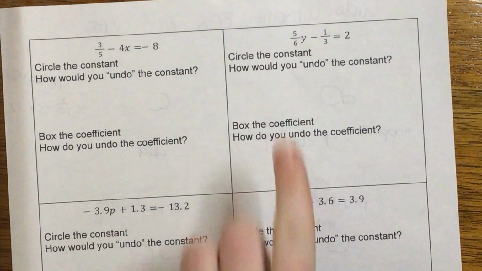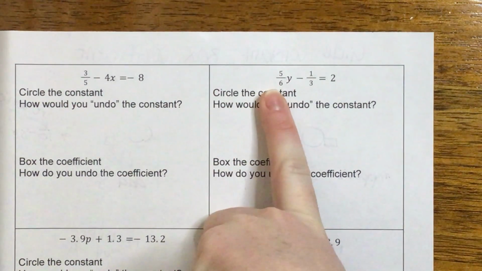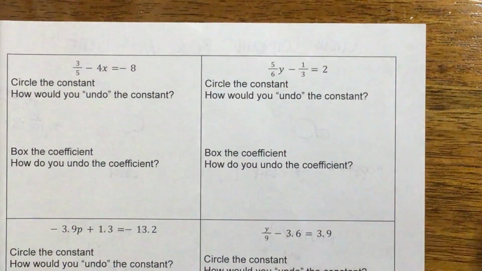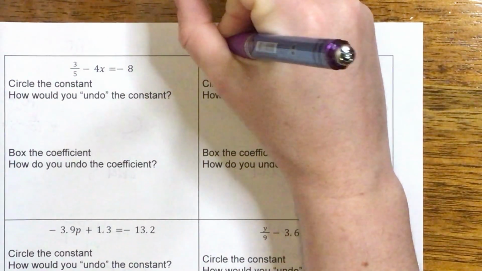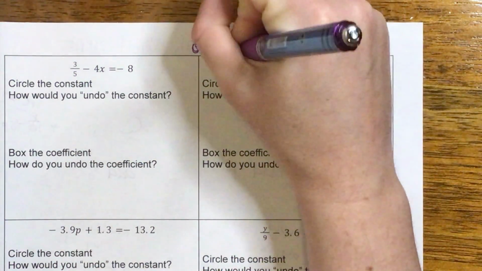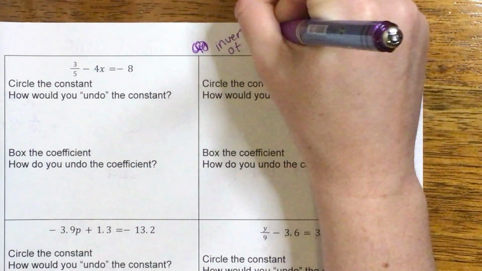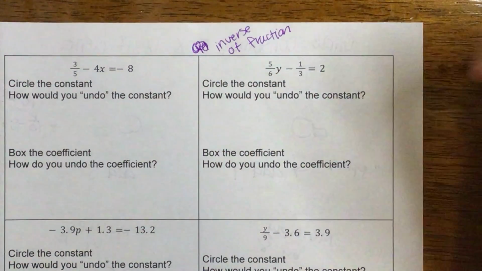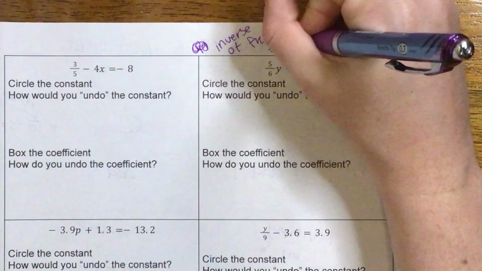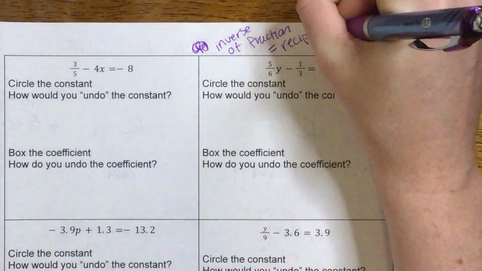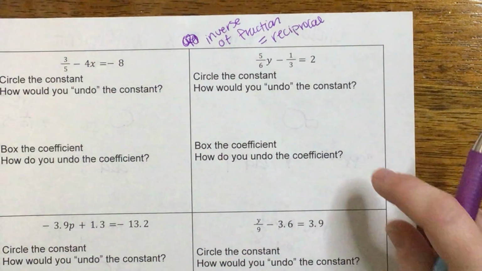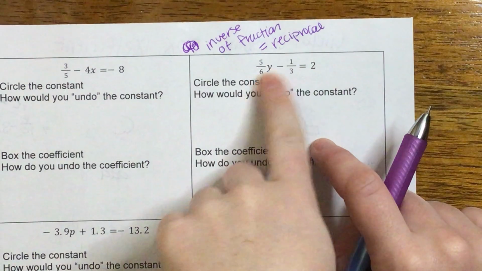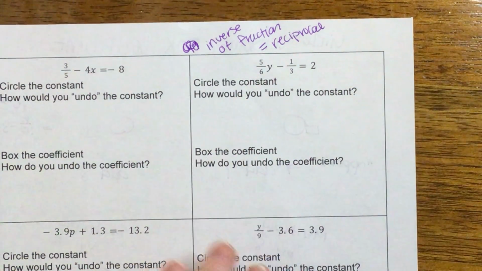Okay. So I want to talk about this fraction, 5/6y. The inverse of a fraction is its reciprocal. That's when you flip the fraction. So we have 5/6y minus 1/3 equals 2.